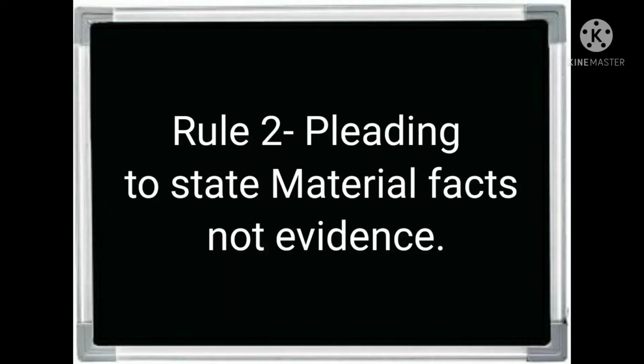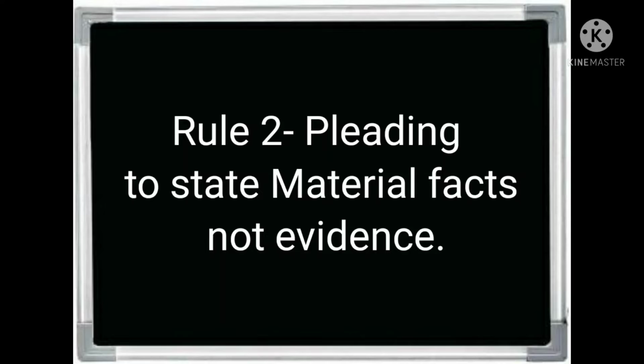And sub rule 2 of Rule 2 says that every pleading when necessary shall be divided into paragraphs, and the paragraphs numbered consecutively, and each allegation, so far as is convenient, contained in a separate paragraph. What does this mean?